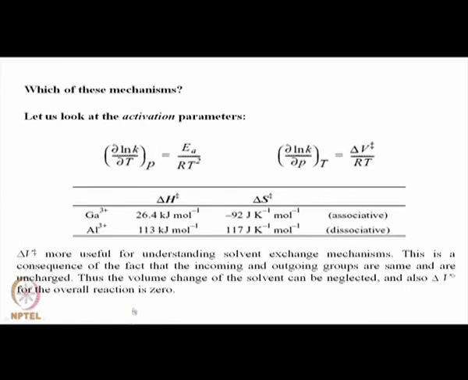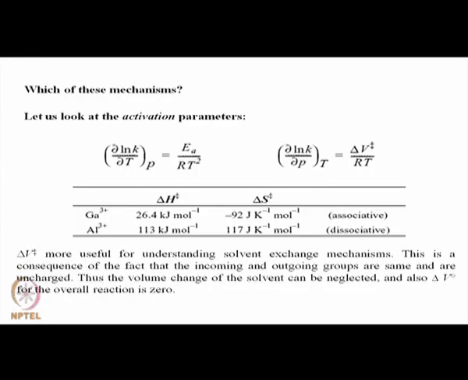Therefore, the pressure dependence of ln k will give you the delta V, and that will also give you the idea of whether it is an associative or a dissociative case. But when the incoming and outgoing groups are same, then volume change can be neglected, but if these two are different, then you may not ignore it.